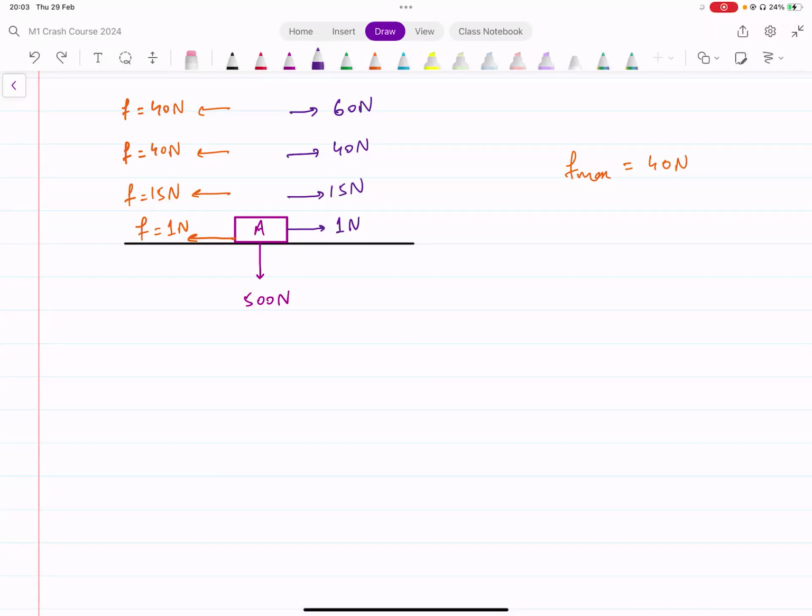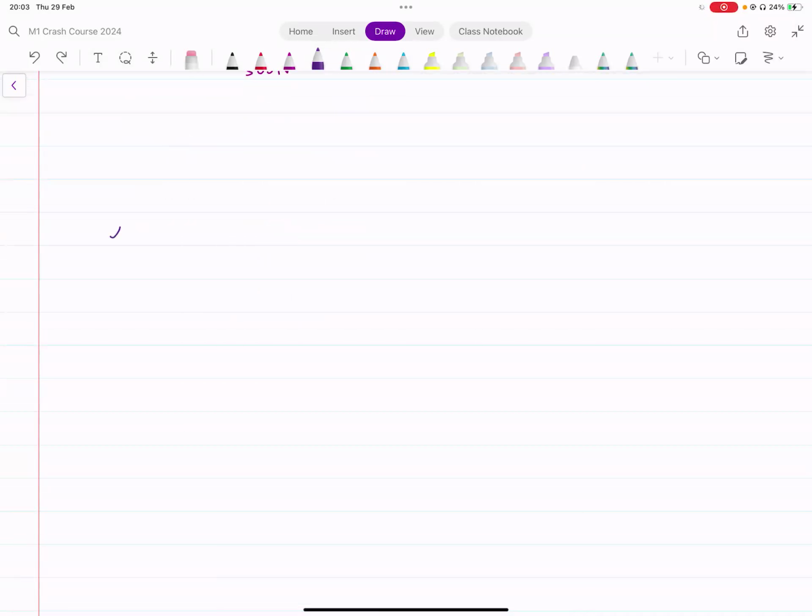Number one, it depends on something that we call mu, which means coefficient of friction. And the second thing it depends on is R, which is the normal reaction, the normal reaction force that the surface is applying on the object. These are the two things on which the maximum value of the friction depends.